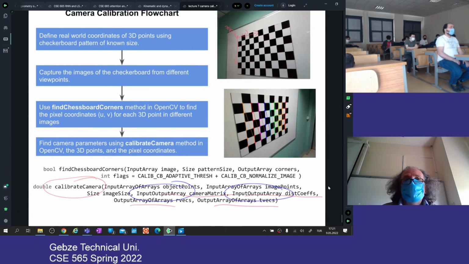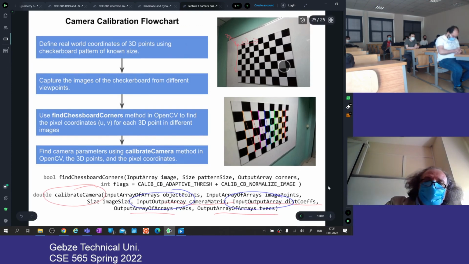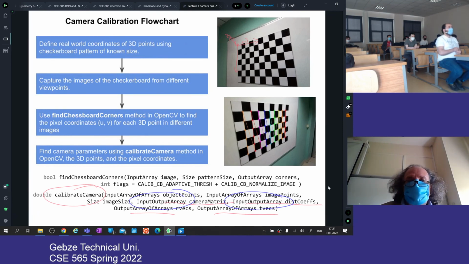As I said, the OpenCV procedure is much simpler for the end user, because you don't need to buy any calibration targets. You print this out and you show it to your camera a number of times with different orientations. That will be it.